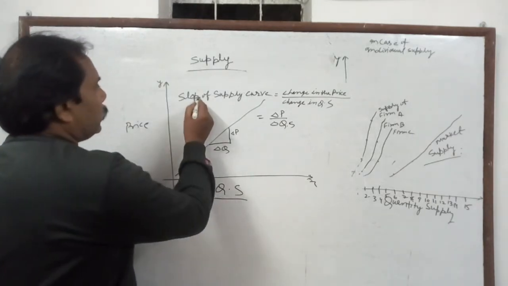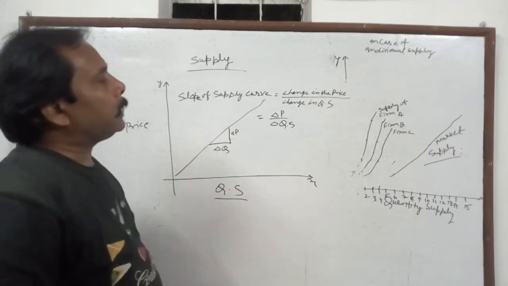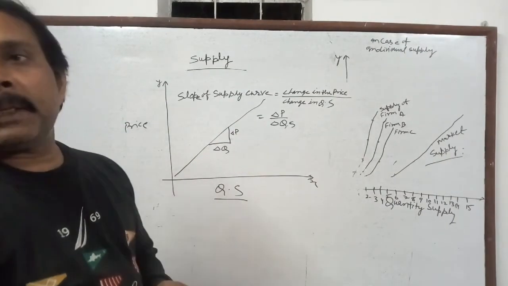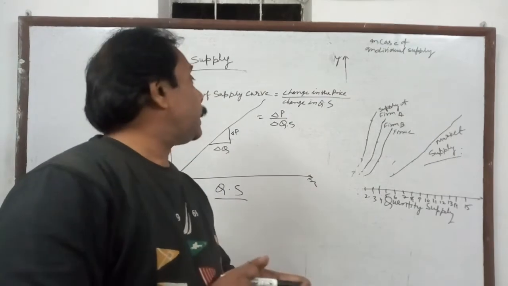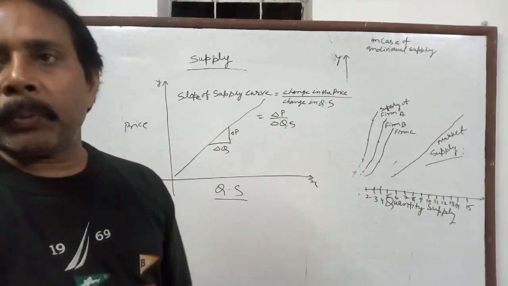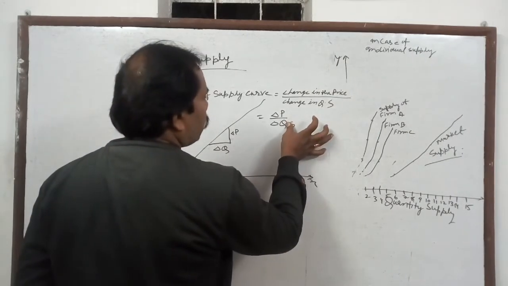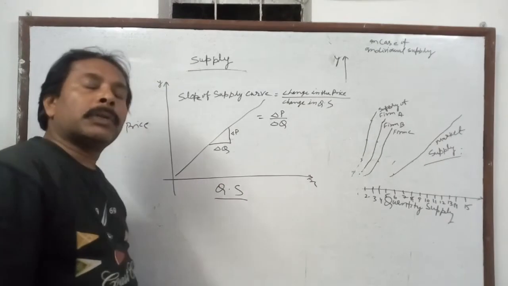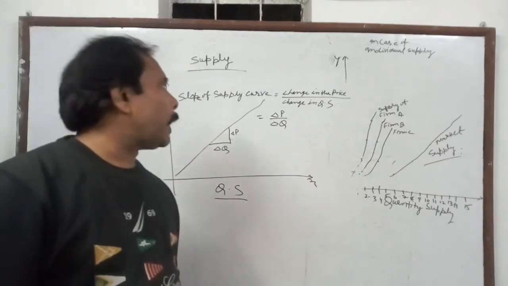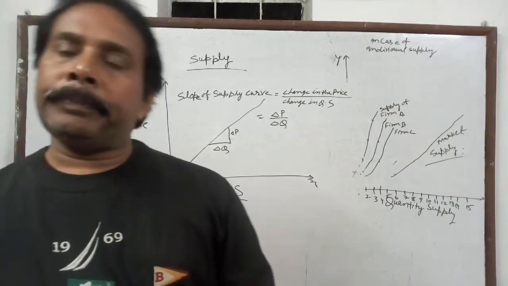Sorry, here delta is missing. So slope of supply curve is equal to change in the price, that is delta P, and change in quantity supplied, that is delta Q. Is it clear? So you may write here delta Q, and this is known as slope of supply curve.